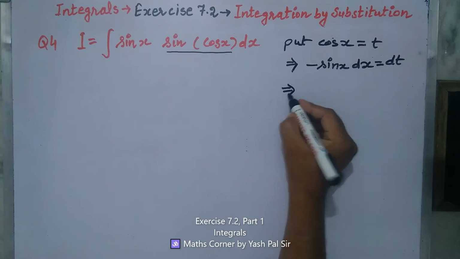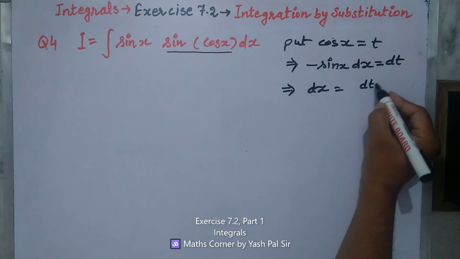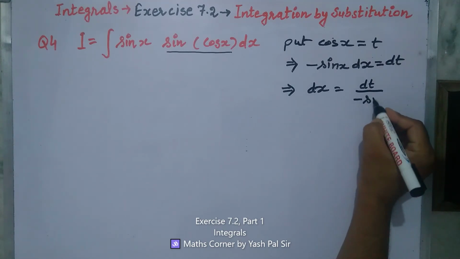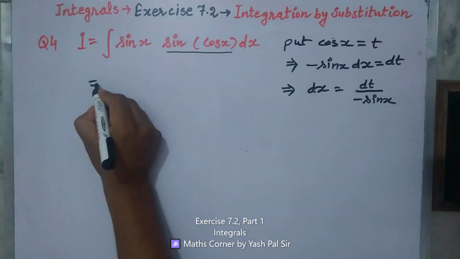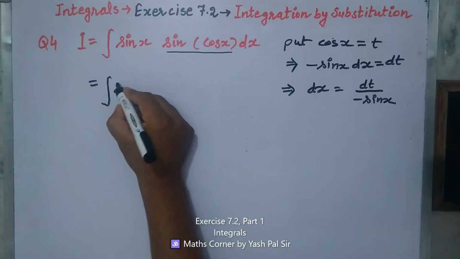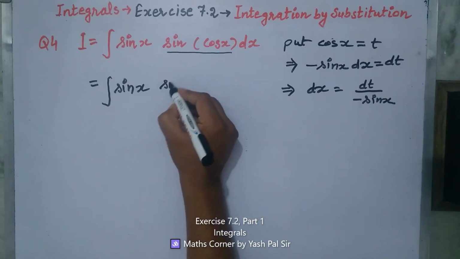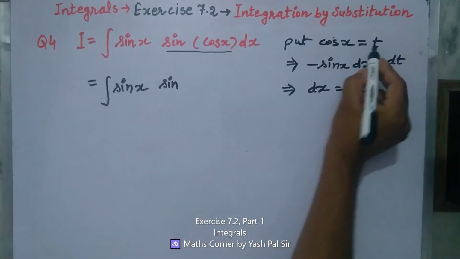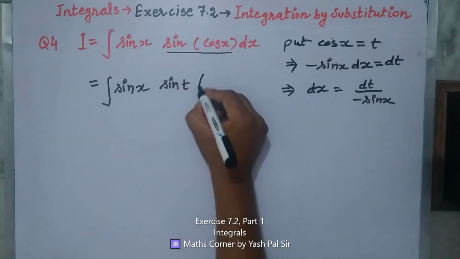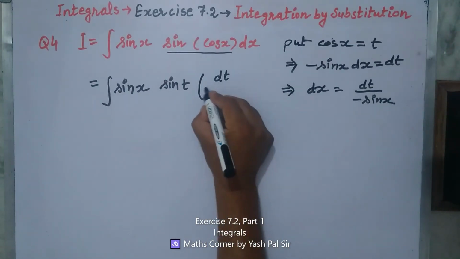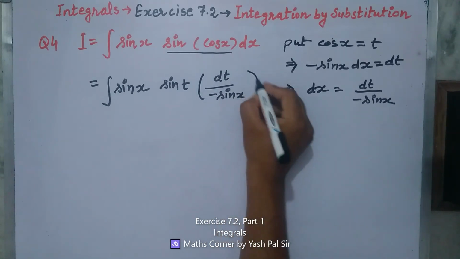So that means dx is equal to dt divided by minus sine of x. So now this integrand becomes sine of x into sine of (cos x, meaning t), dx meaning dt divided by minus sine of x.